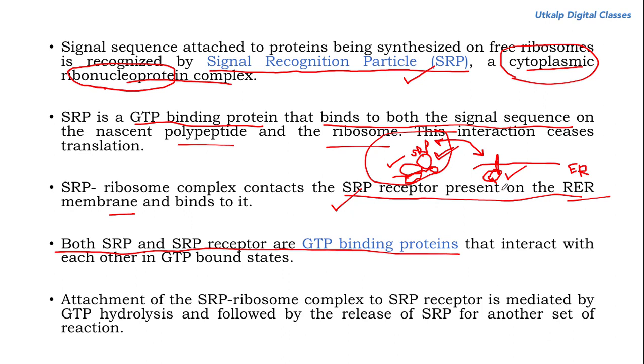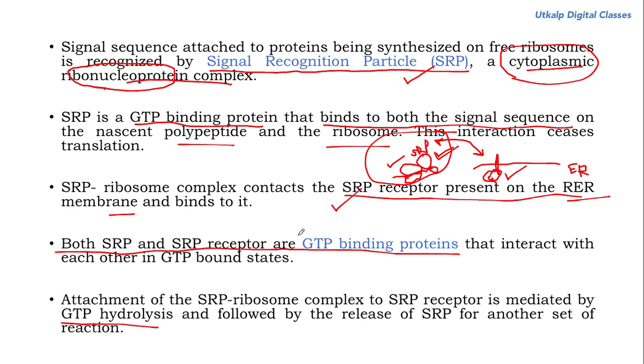So it's essentially important that the SRP as well as the SRP receptor are bound to GTP when they interact. Attachment of the SRP ribosome complex to the SRP receptor is mediated by GTP hydrolysis.